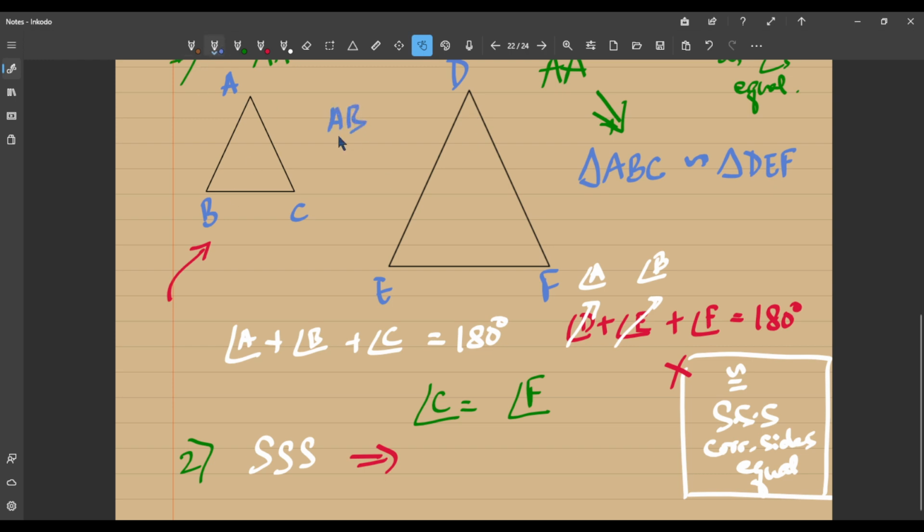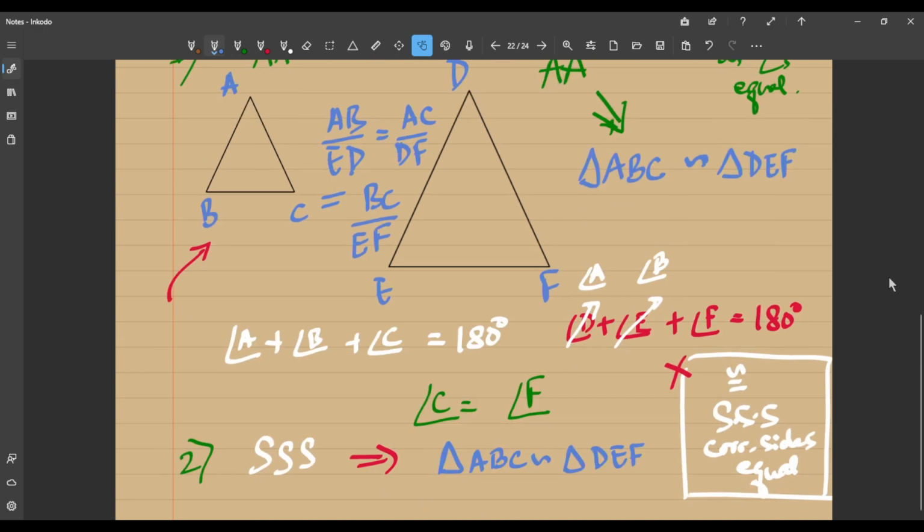So if AB by ED is the same as AC by DF, this side and this side, they are not equal, they are just in ratio, and is the same as BC over EF. If S.S.S happens, I can conclude that triangle ABC is similar to, again order matters, triangle DEF. So this is another axiom.